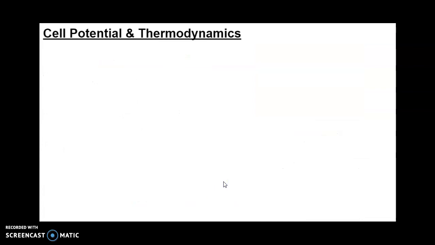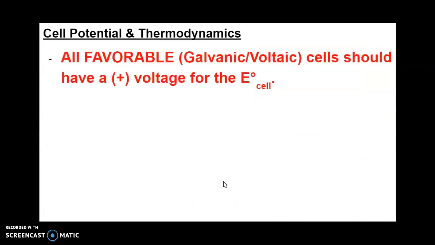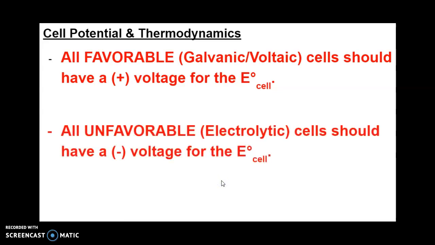So speaking of thermodynamics, when we have a cell potential for a favorable reaction, favorable reactions are your galvanic and your voltaic cells, you should have a positive voltage for the cell potential because these are thermodynamically favorable. When we have an unfavorable reaction or an electrolytic cell, then we should have a negative voltage for the cell potential.